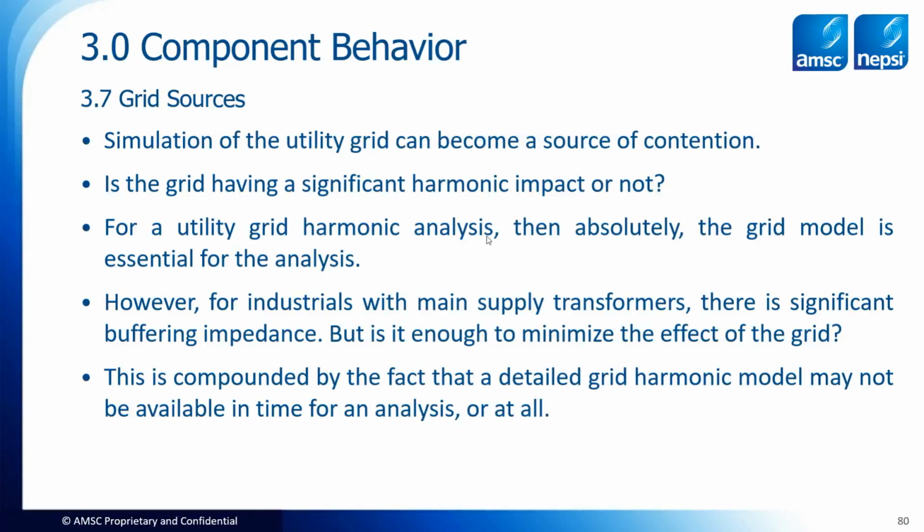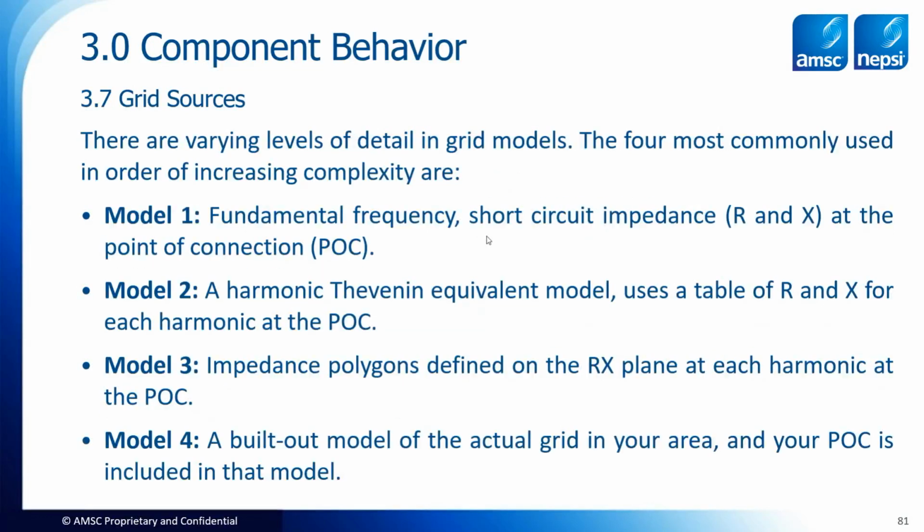This is compounded by the fact that a detailed grid harmonic model may not even be available to you, or available in time for you to do your harmonic analysis. I run up against this all the time. Alex can attest to this. So these are some things we have to think about.